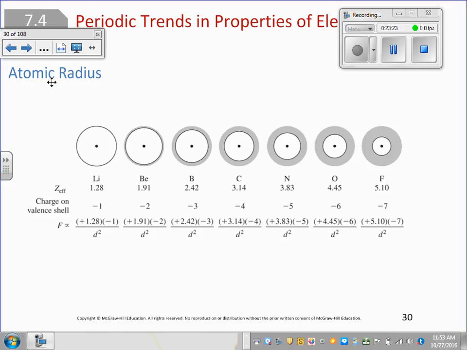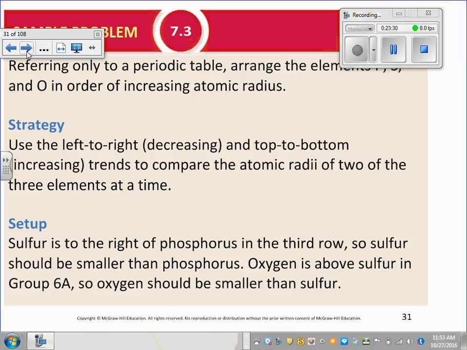There's just an example out of the book. If you only look at the periodic table, arrange the elements phosphorus, sulfur, and oxygen in increasing atomic radius. So if you look at your periodic table, look at some relationships.